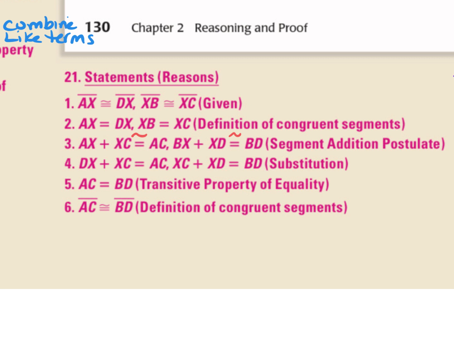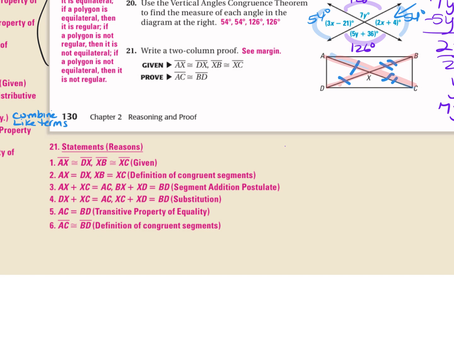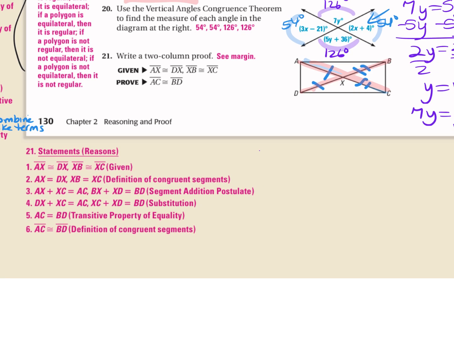This would have just been transitive. So you could eliminate switching back and forth from an equal sign to a congruence. All right, so you could have done it this way using all those official properties, but let's say instead you wanted to just work with congruency signs throughout.